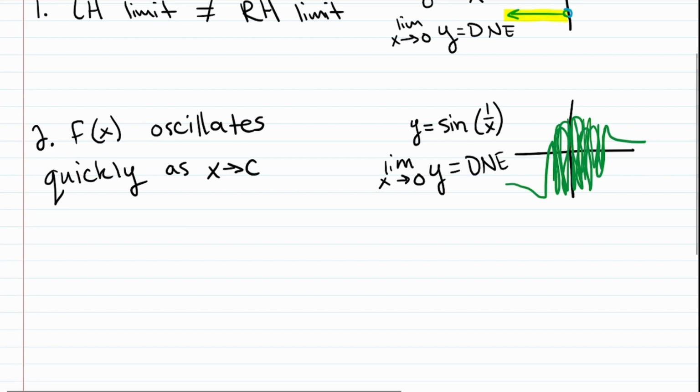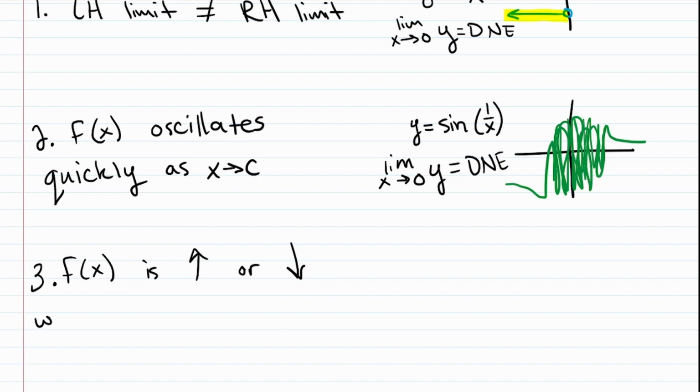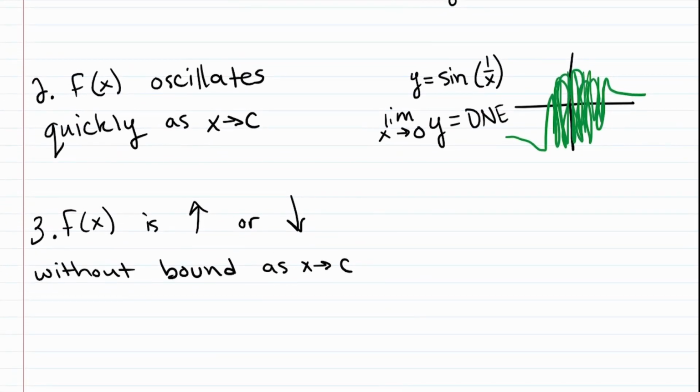Right, and then last but not least, if we're approaching negative or positive infinity, or in other words, f of x is increasing or decreasing without bound, so just going up or down forever, as it approaches c. Let's talk about a graph for this example.